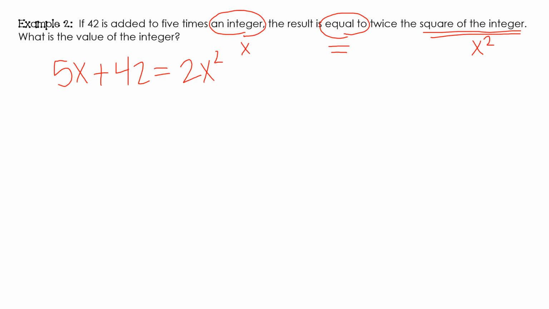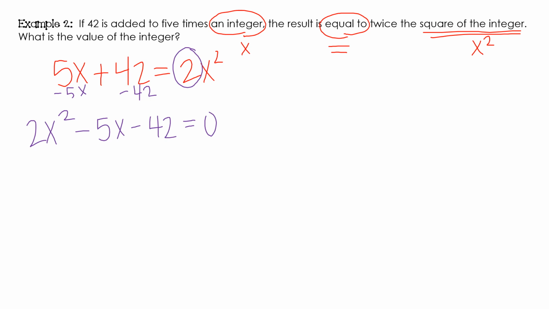It's a little bit easier to solve these problems either by factoring or quadratic equation if the value of a is positive. So since I already have a positive a value, I'm going to take the 5x and the 42 and move them over to the right-hand side. So we would get 2x squared minus 5x minus 42 is equal to 0.